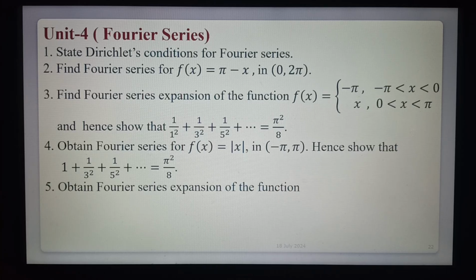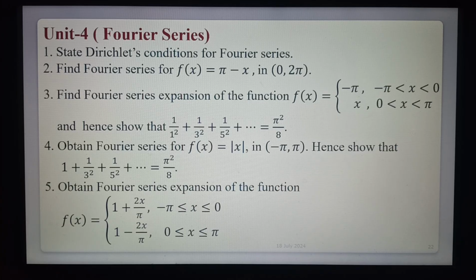So next one, obtain Fourier series expansion of the function f of x is equal to 1 plus 2x by 5, 1 minus 2x by 5 in the interval minus 5 to 5. Okay, so this is one of some important questions. Next, continuation.